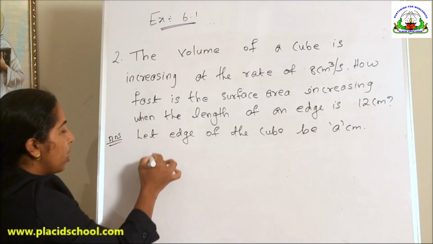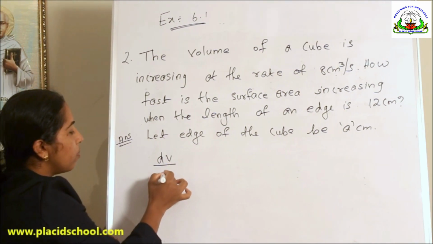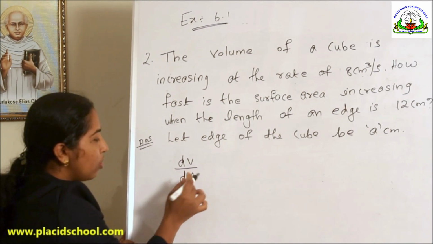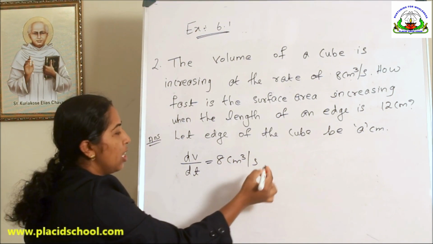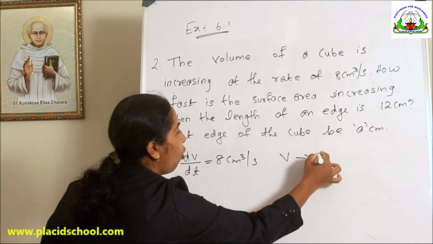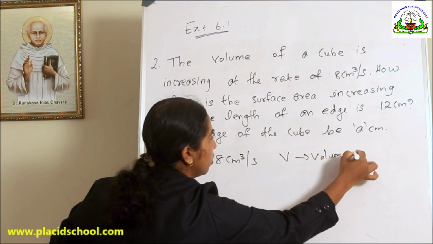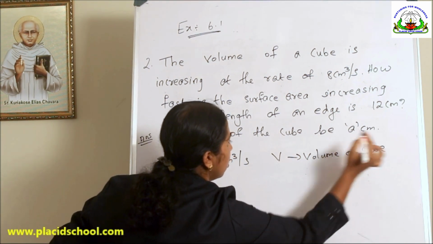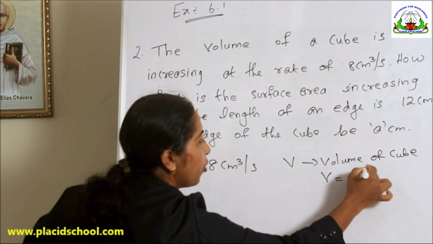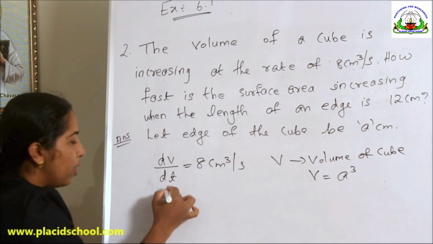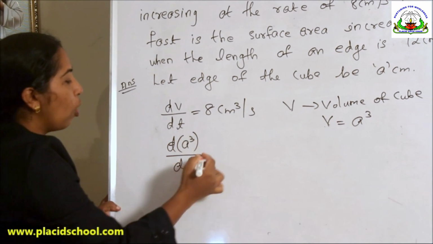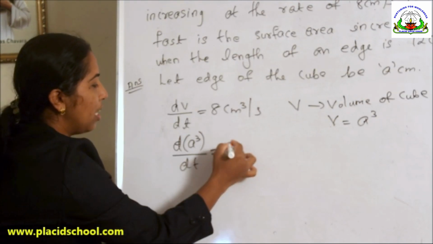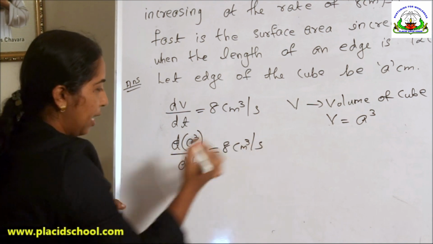According to the question, we are given that rate of change of volume with respect to time is 8 centimeter cube per second, where V denotes the volume of the cube. Formula to find volume of cube is a cube. So given, rate of change of volume with respect to time t is 8 centimeter cube per second.